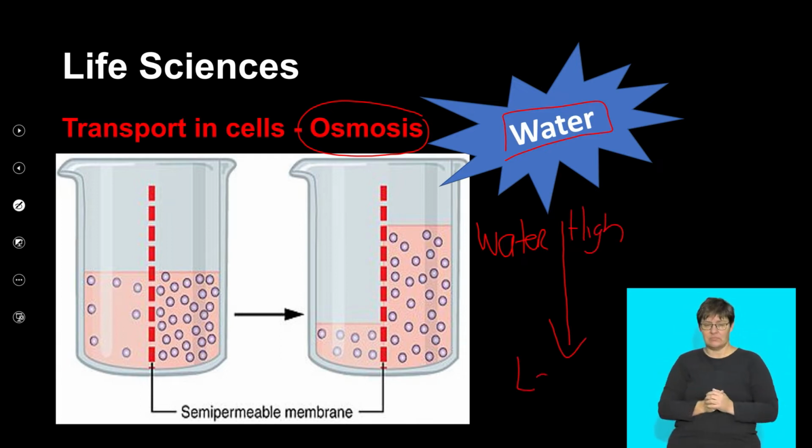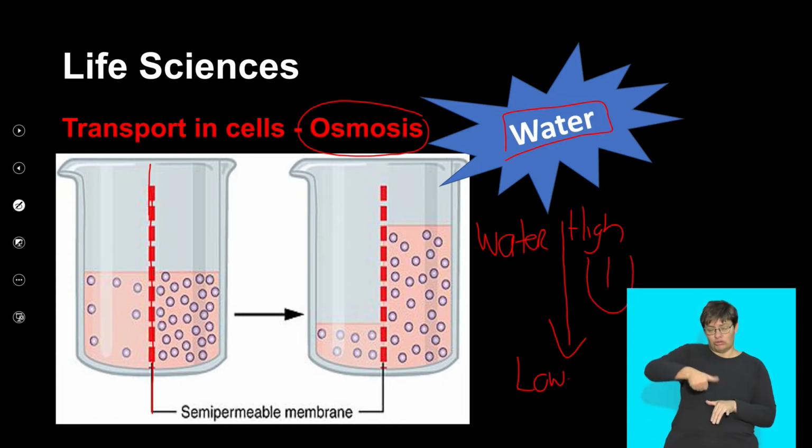There is a bit of a terms and condition here, because when water moves, it must move through a semi-permeable membrane. If I've got a little jug over here and I put water in and the particles just move around, that is going to be diffusion.